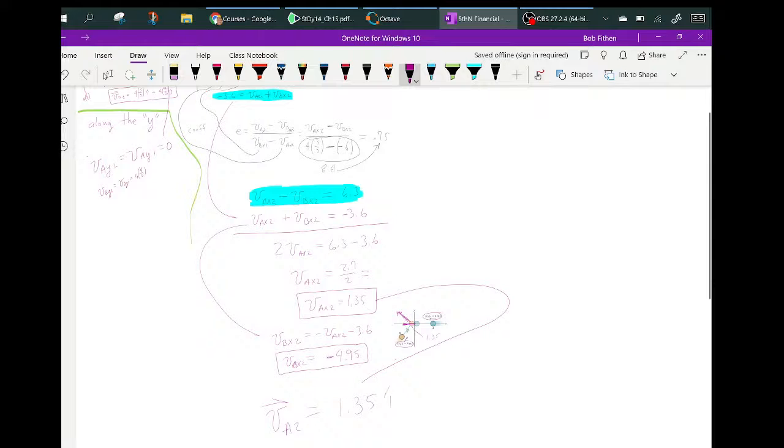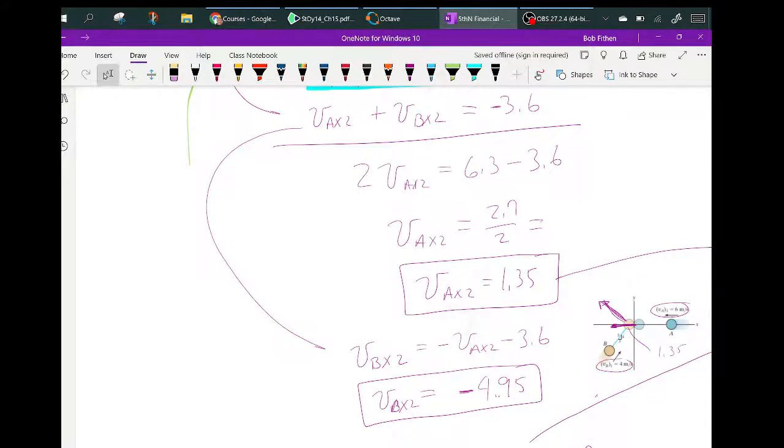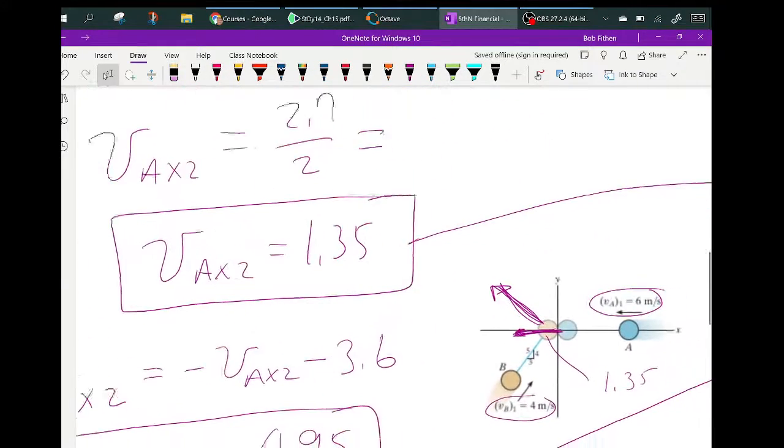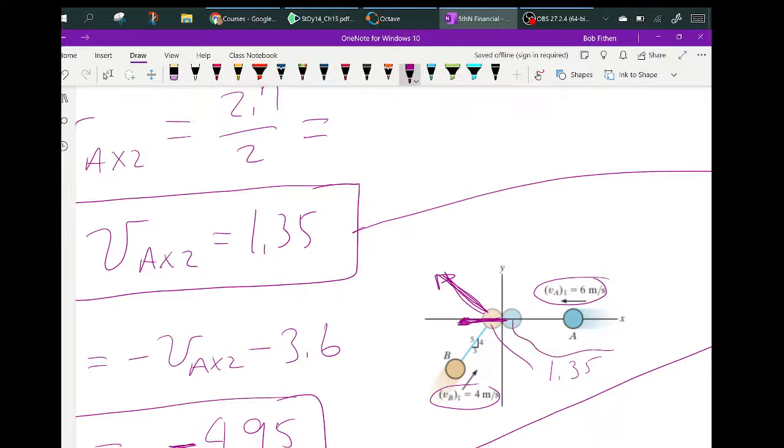1.35 i. Now, I did make a slight verbiage error here. I said that it continues to the left, but in fact it's positive, so I was wrong in what I was saying. It bounces off of this ball and goes back to the left at 1.35.